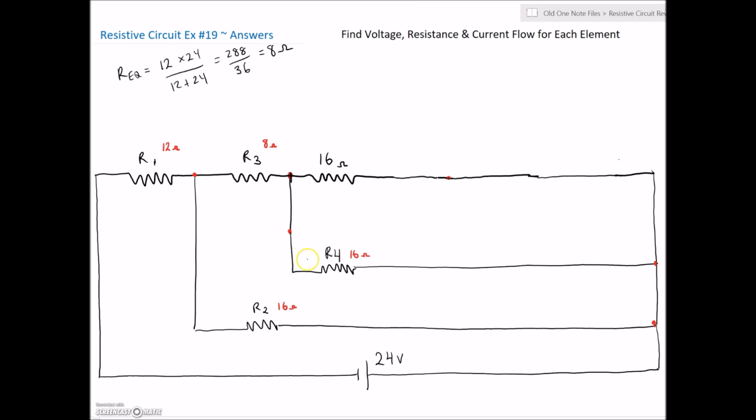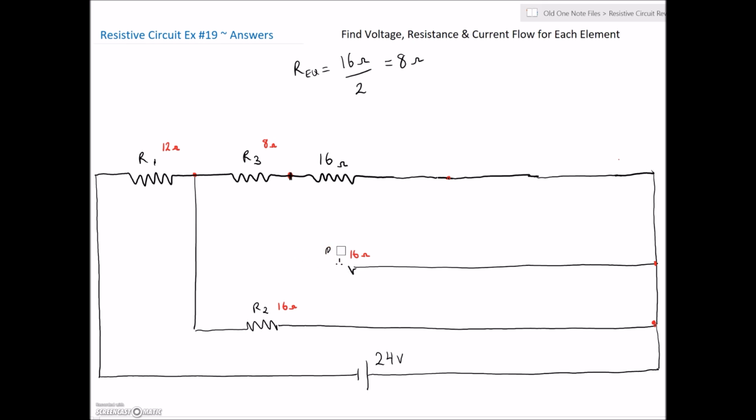Very nice. Those are in parallel. And if we have two values of resistance that are exactly the same, then the equivalent resistance is, in this case, 16 ohms divided by the number of paths. The number of paths is 2. So again, there's a definite trend to this circuit. I'm liking it. There's 8 ohms of resistance remaining there. So R4 has now been eliminated.